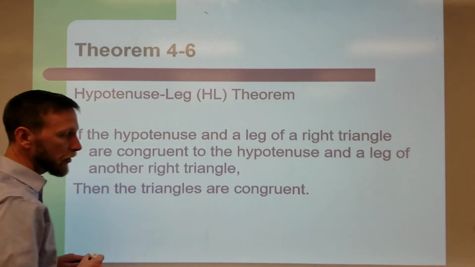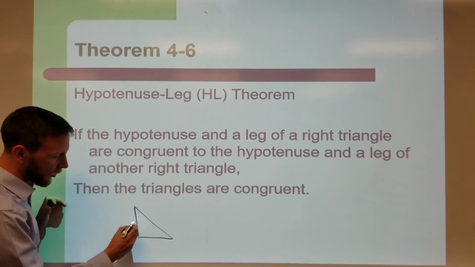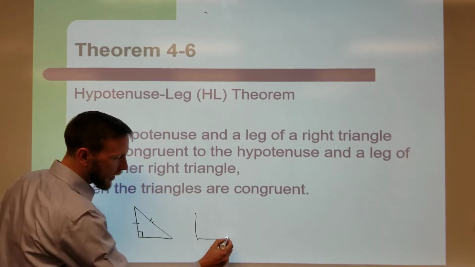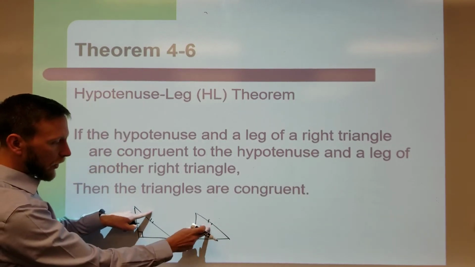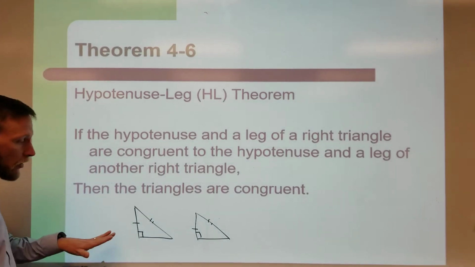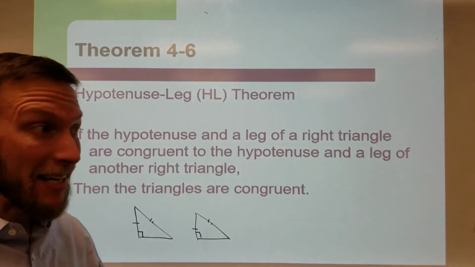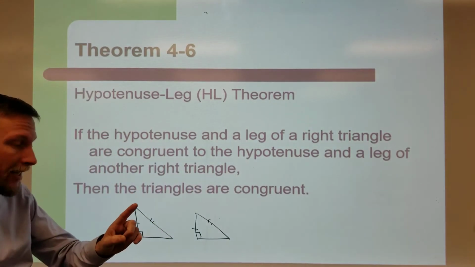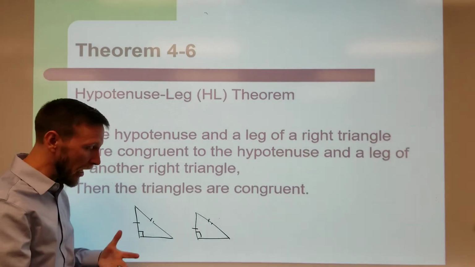And here's the reason, folks. And I'm not going to do a whole proof of this just because it's not necessary. But if I say that this is a right triangle, and I say that this is a right triangle, where we have a pair of legs congruent and a pair of hypotenuses congruent, then what we have is essentially that angle side side, or side side angle, that is not a shortcut that we are allowed to use, right? But since this is a right triangle, it doesn't matter what the lengths of these sides are.